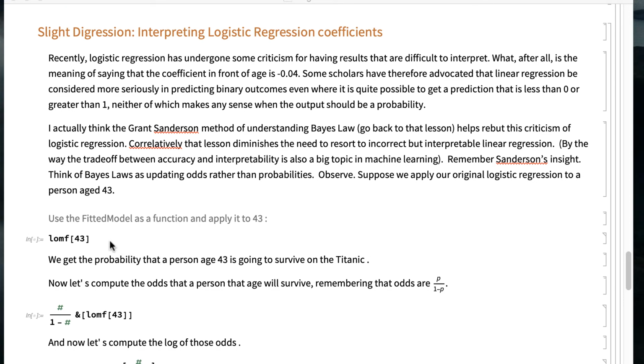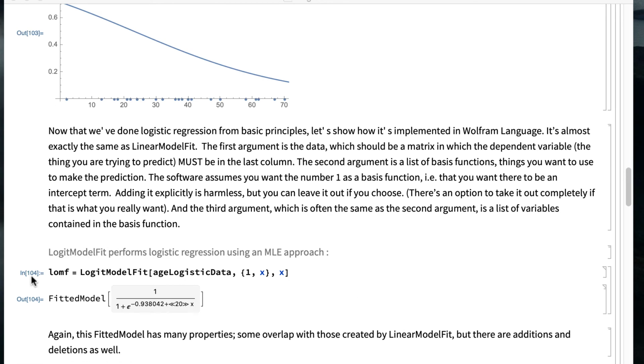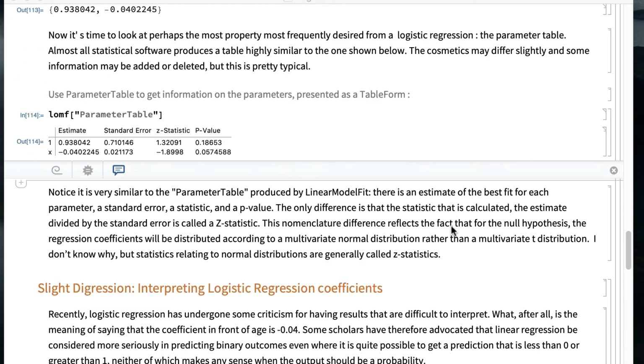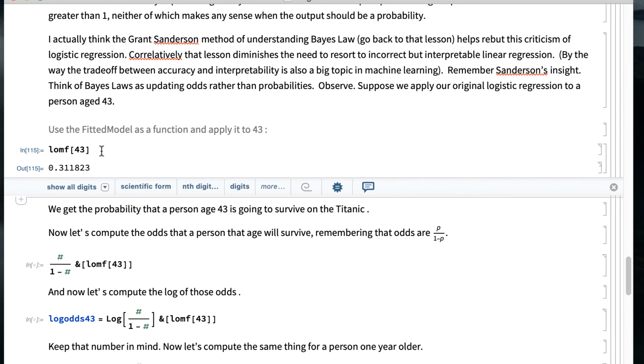Supposing I take my fitted model that I developed all the way up here, LOMF, and LOMF can work as a function, and I just apply LOMF to 43. So I now get the probability that a person age 43 is going to win. But instead of expressing that as a probability, we could express it as odds.